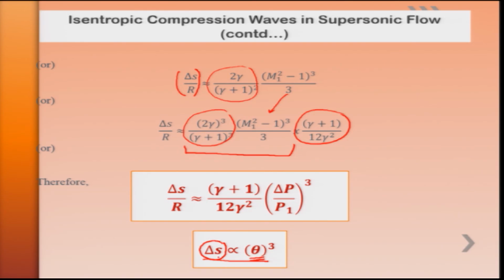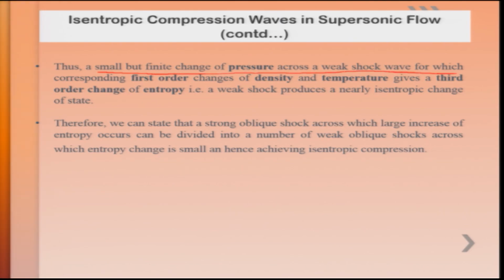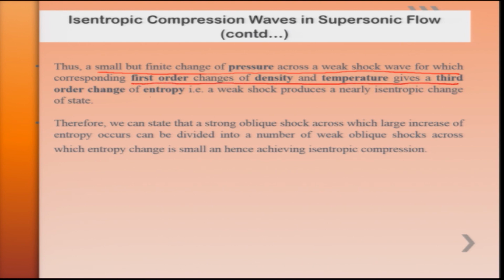That is, the entropy is sensitive to the third order change in the deflection angle. What does it mean? It shows that for a small but finite change of pressure across a weak shock wave, a first order change of density and temperature gives essentially a third order change in entropy.